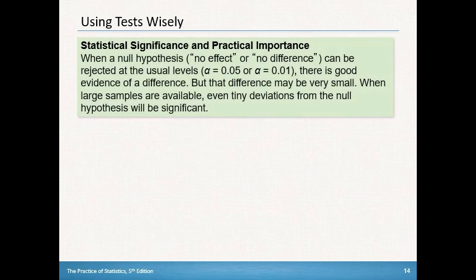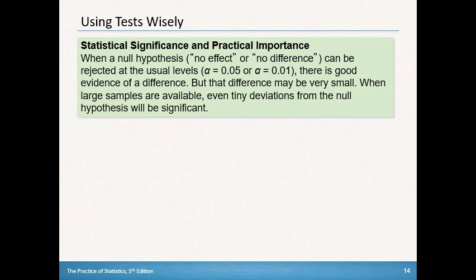All right, so some things to think about when we're using these significance t-tests wisely. When a null hypothesis, that there is no difference, can be rejected at the usual alpha level, 0.05, sometimes 0.01, there is good evidence of a difference.